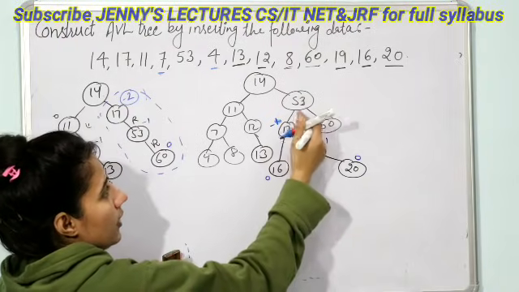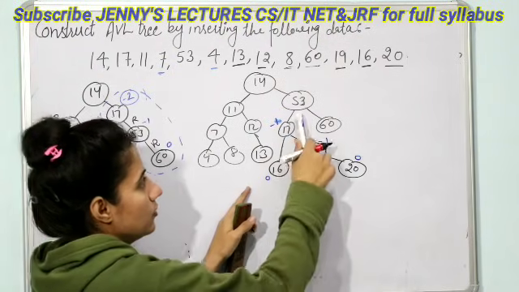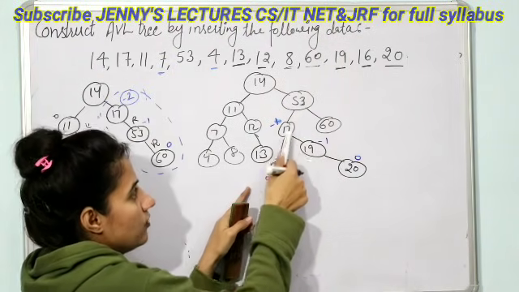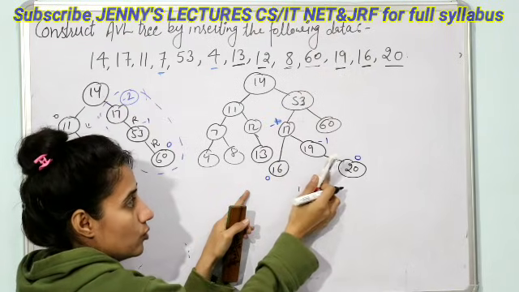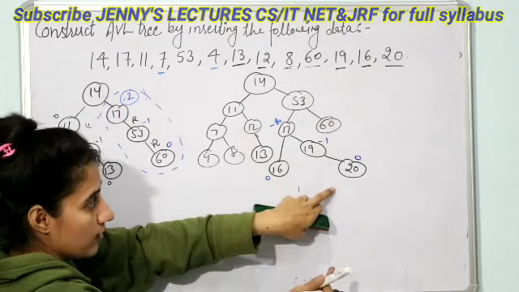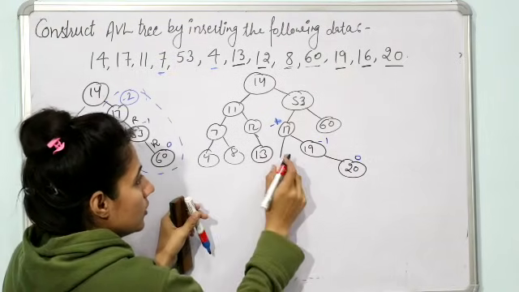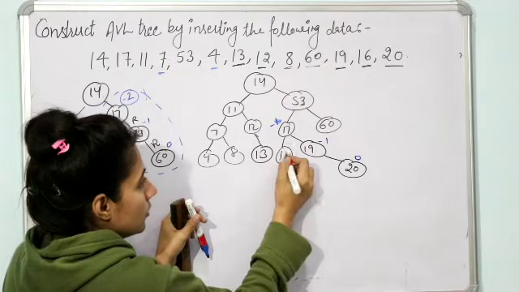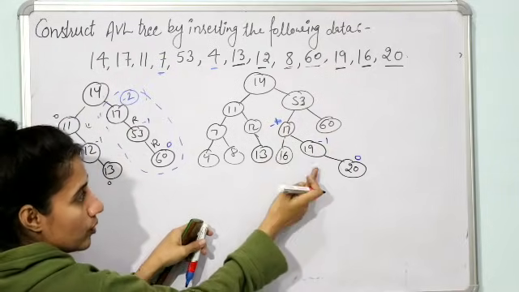Okay. And what is the balance factor of 53? The balance factor of 53 is the height of the left subtree minus the height of the right subtree. See, 1, 2, but 3 also. Go to the last level after 16. See, 16 is at this place only. So the height of the left subtree is 1, 2 and this 3.